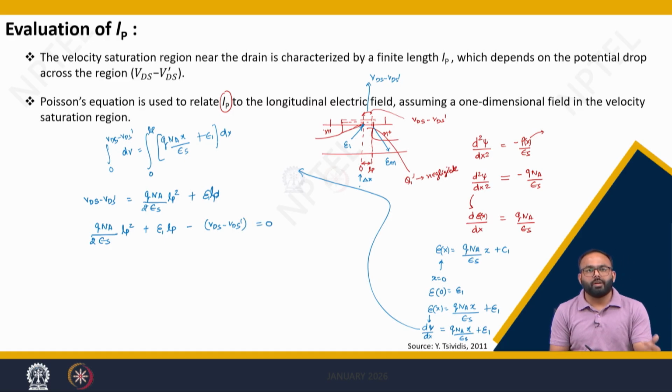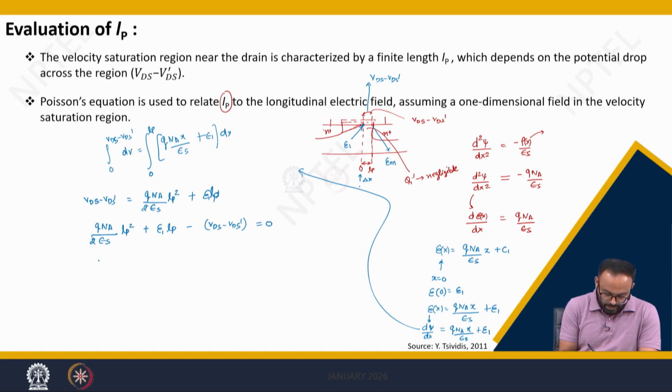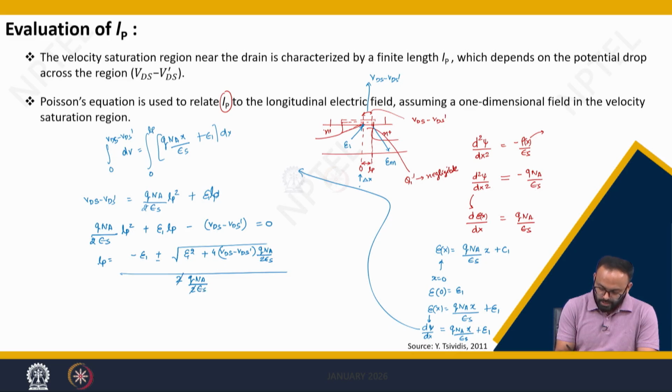Again we can solve this quadratic equation for LP as LP is equal to minus E1 plus or minus square root of E1 square plus (VDS minus VDS dash) into 4 into q into Na divided by 2 into epsilon s, divided by 2 into q into Na divided by 2 into epsilon s. This 2 and 2 get cancelled, and this 2 is cancelled with 4 and becomes 2.